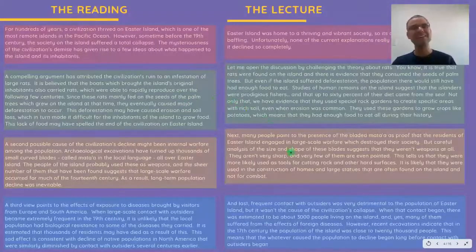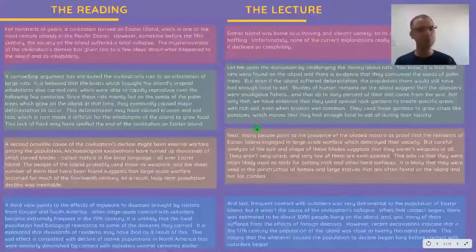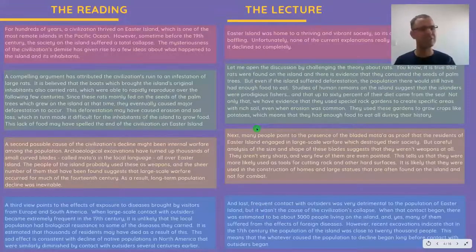And then the second supporting argument of the lecture directly responds to the second supporting argument of the reading, and so on for the third supporting argument. That's important to remember because this structure never changes. Week after week after week, it's the same. The order of arguments in the lecture matches the order of arguments in the reading. If you can understand that, your job will be a lot easier.